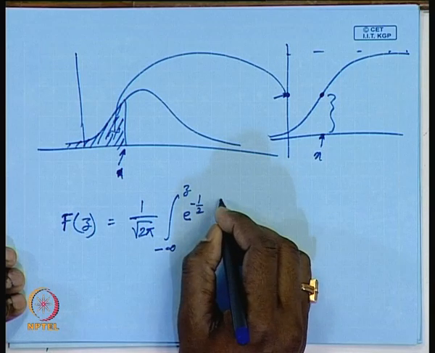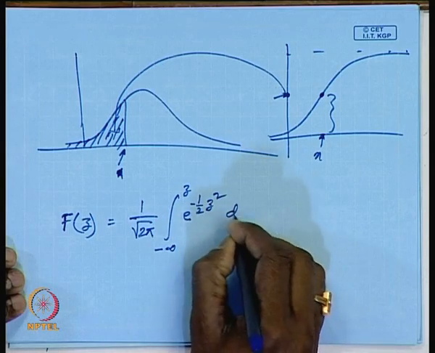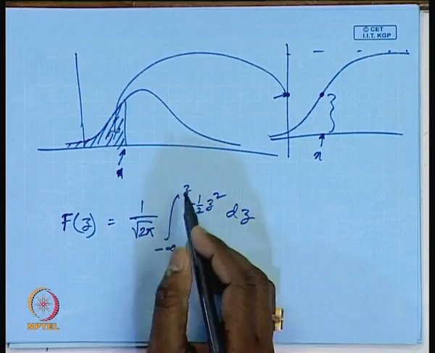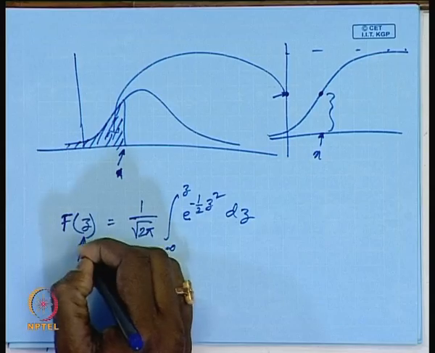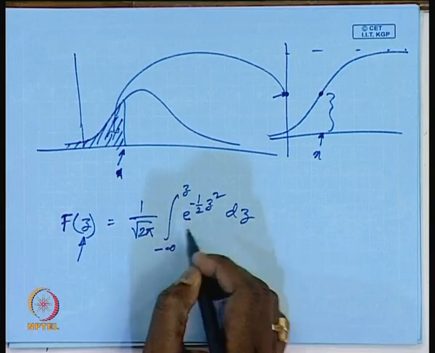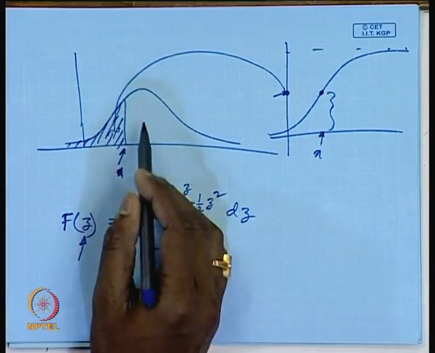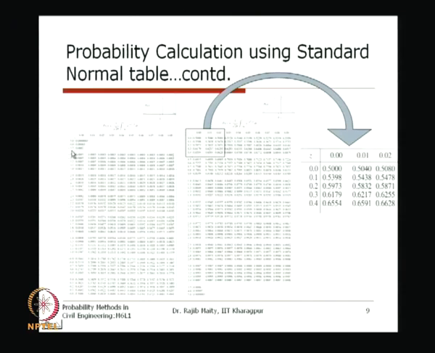Sigma is 1 and mu equals 0, so it will be only z square dz. This is the form whose value is shown in this table. For a specific value of z, this value refers to this area if mu equals 0 and standard deviation equals 1. So the probabilities are shown here.